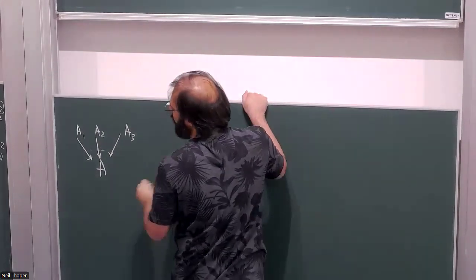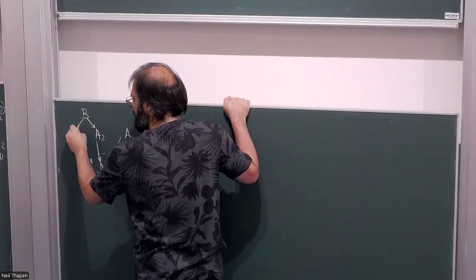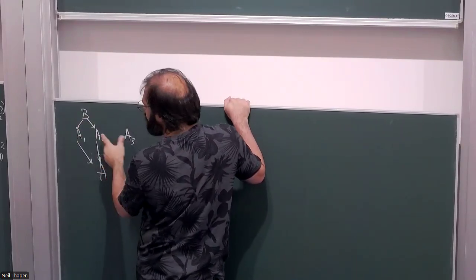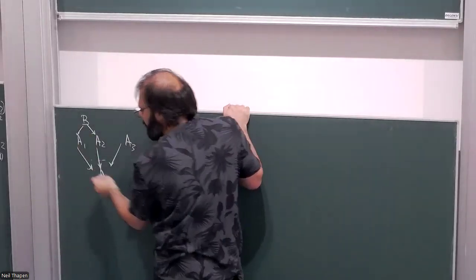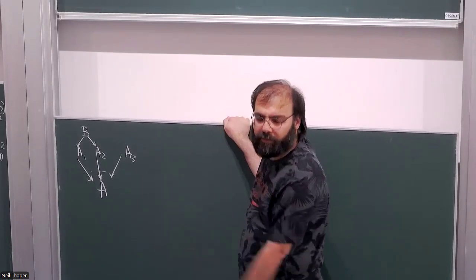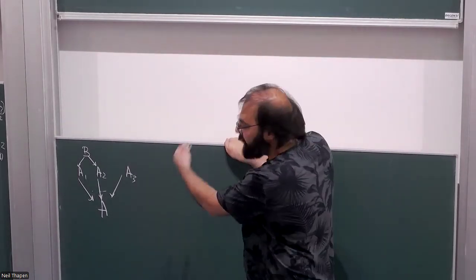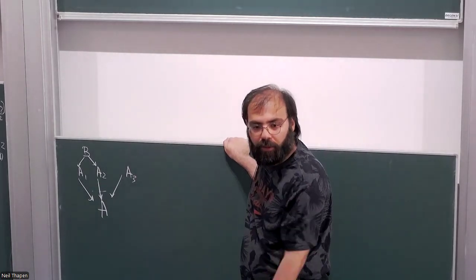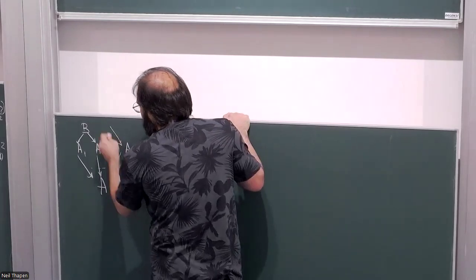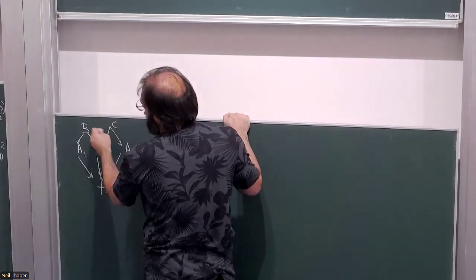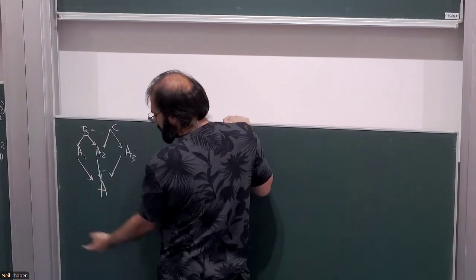Then add all possible B's and all possible maps between any two of these, such that these things come in. Add all of them. I'm not doing anything, I'm just constructing one diagram. Just add everything to it, and then you have a very big diagram, and not just one B, many, right?